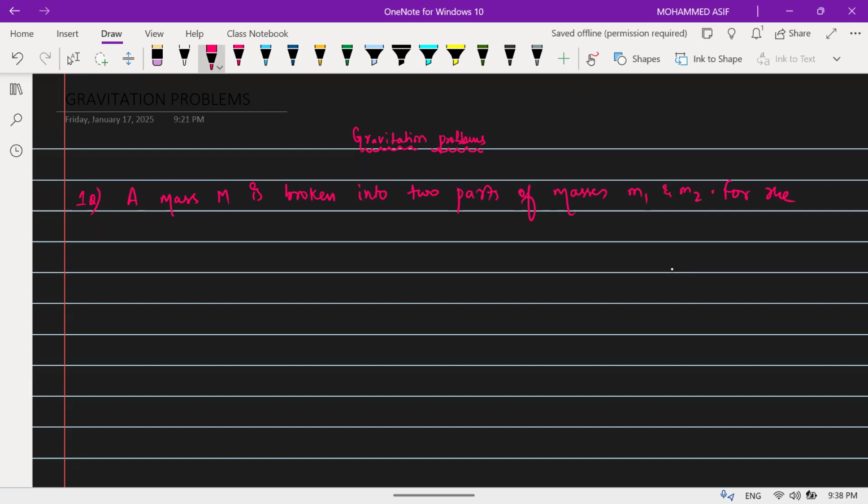For the force of attraction or gravitation to be maximum between them, the M1 and M2 have what values?